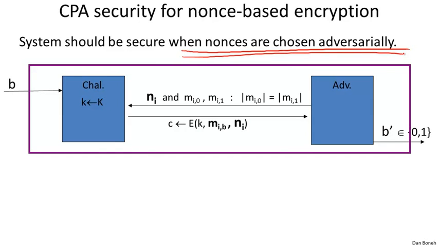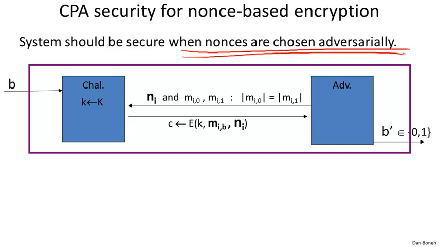So imagine the nonce happens to be a counter, and when the counter hits the value 15, maybe at that point it's easy for the adversary to break semantic security. So the adversary will wait until the 15th packet is sent, and only then ask to break semantic security. So when we talk about nonce-based encryption, we generally allow the adversary to choose the nonce, and the system should remain secure even under those settings.